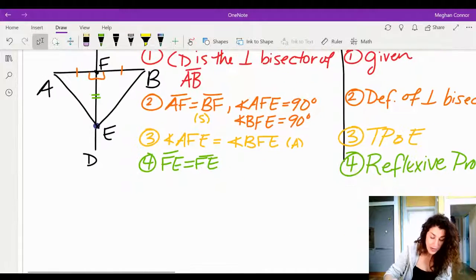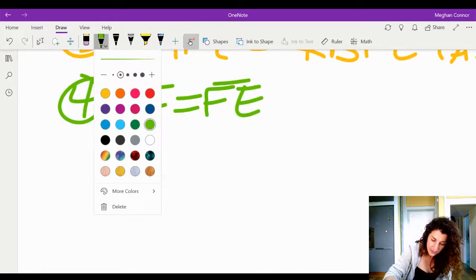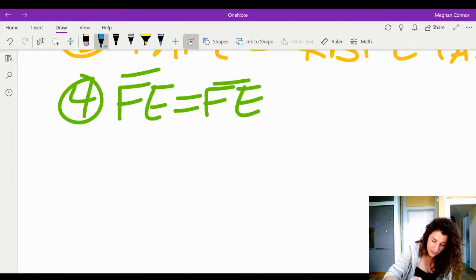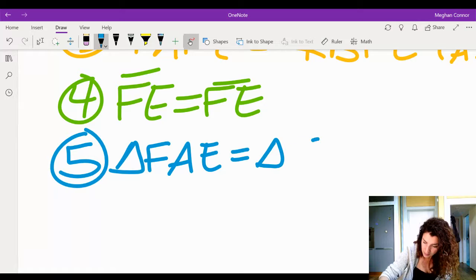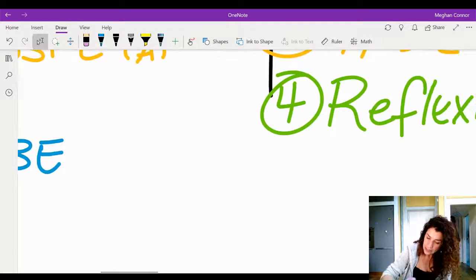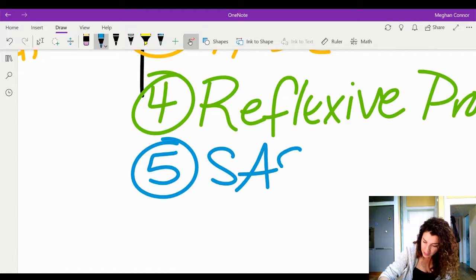Now I can say that those two triangles are equal to each other, FAE and FBE, because of side, angle, side.